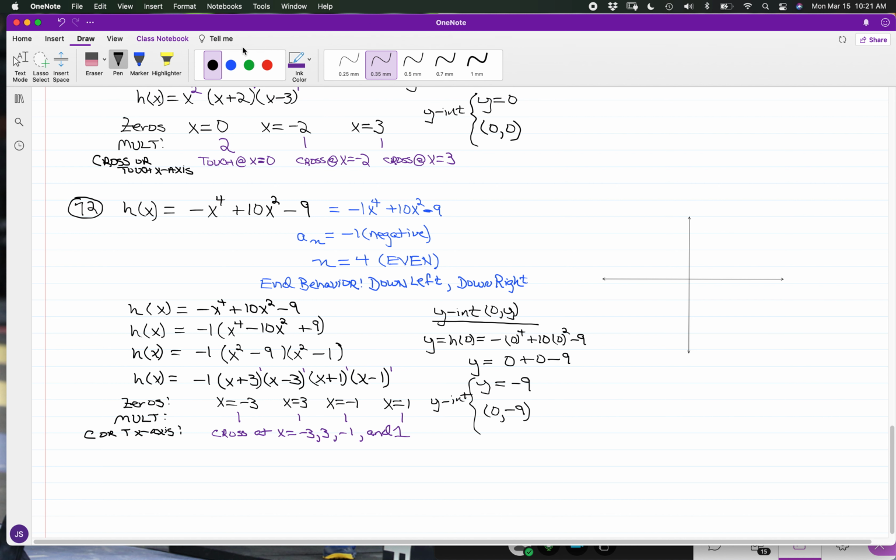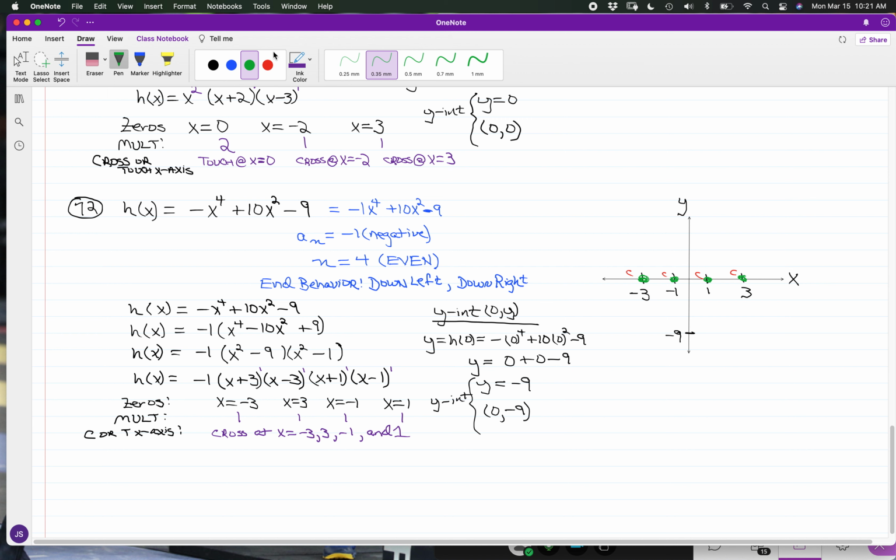So just for the key locations, we have a y-intercept at 0, negative 9. And for the x-intercepts, at all of them the graph will cross.